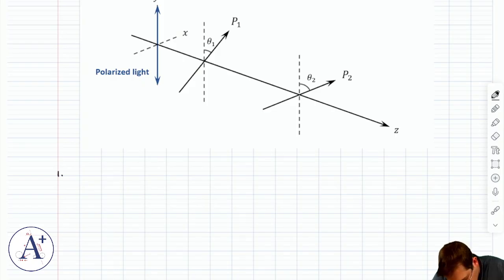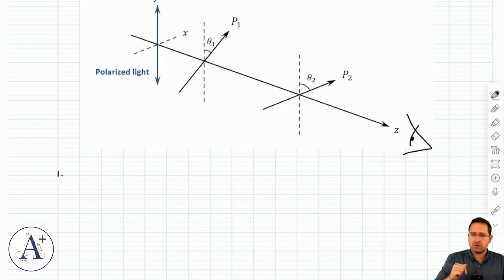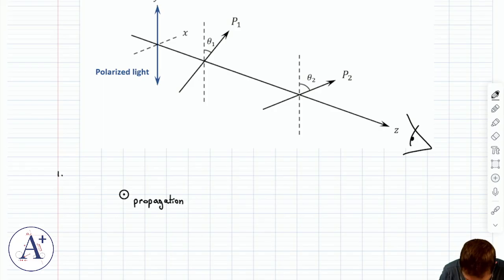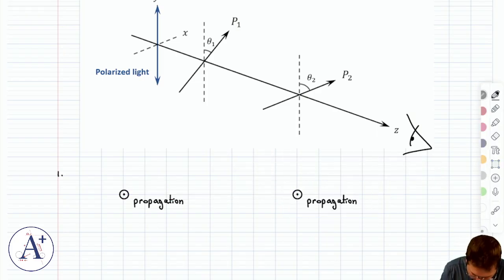The first question says, I'm going to look down my z-axis. Polarized light vertically means the electric field oscillates up and down vertically. But what they want you to show is E and B given a propagation, let's say out of the page, given how you're looking at this. We've actually already drawn this a couple of times.